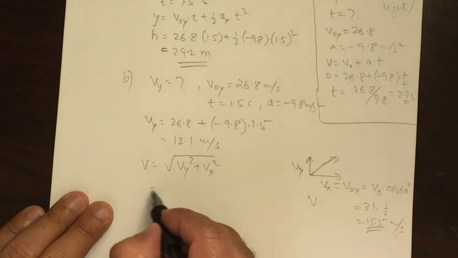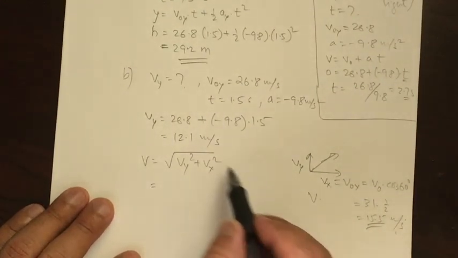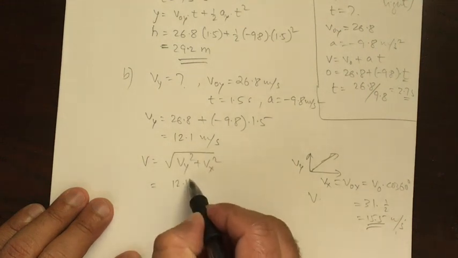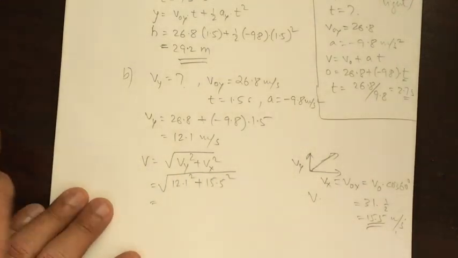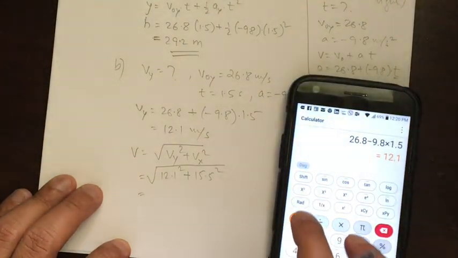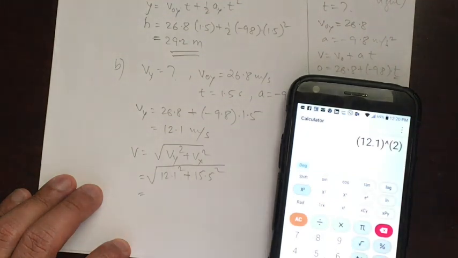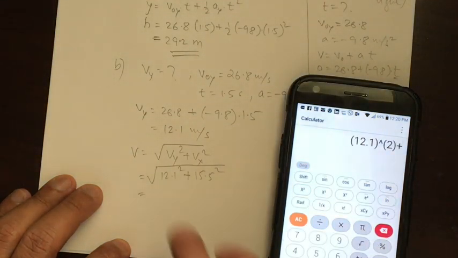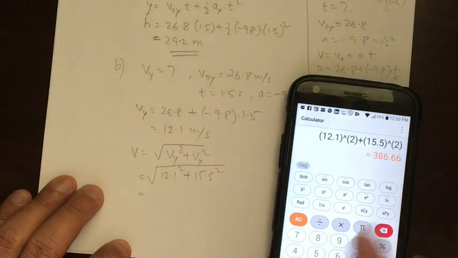Okay, so what is V? It is 12.1 squared plus 15.5 squared, with the square root. Let me do it here. I square 12.1 and 15.5, add them first, and then take the square root of the answer.